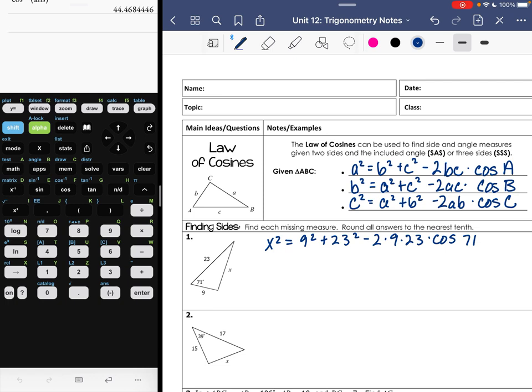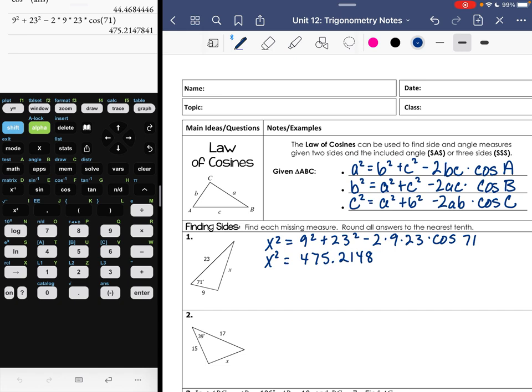So you can literally type all of that into your calculator at one time. It's wonderful. Just be really careful that you are typing what you mean to type. Definitely before you hit enter, look at what you've typed and make sure you haven't made a mistake. Okay, so then x squared equals 475.2148.